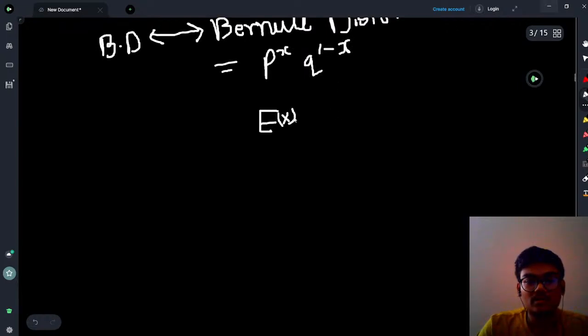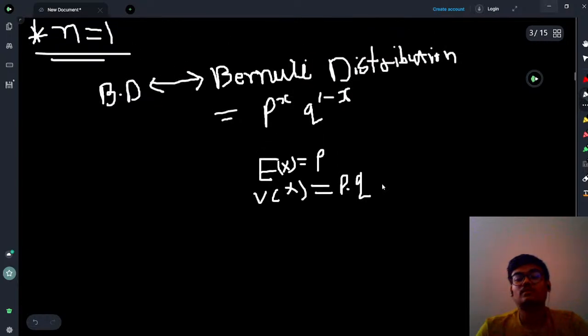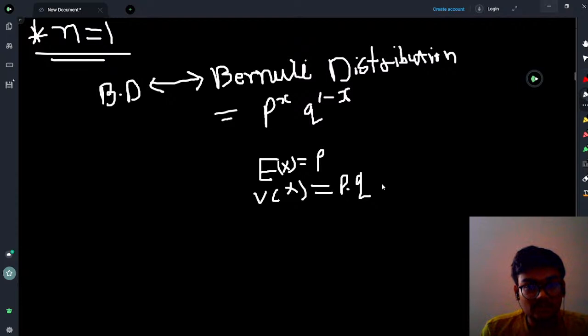Now expectation is np, where n is 1, so it is p. Variance is p into q. Here we are following the same properties that we check for a binomial distribution: the events are independent; p plus q is equal to 1, meaning we are dealing with only two kinds of possibility; and x should be a discrete random variable, it can't be less than 0 or a decimal.